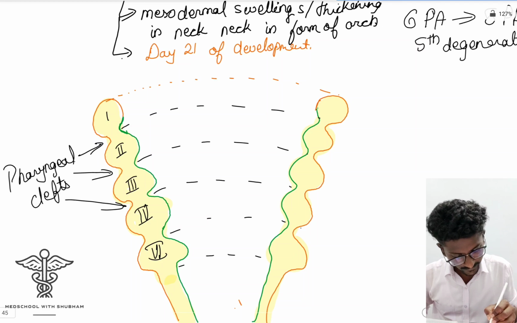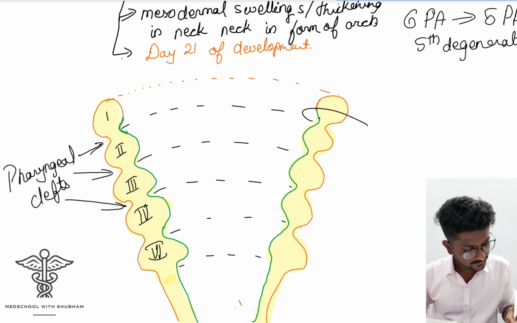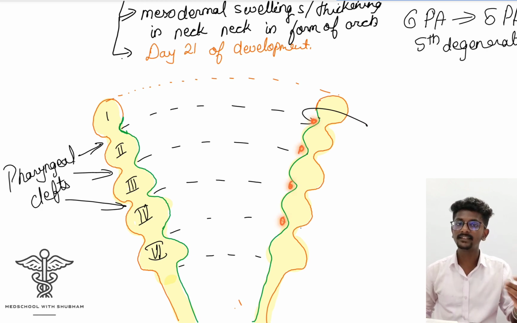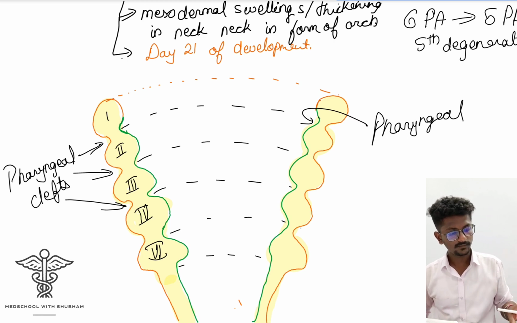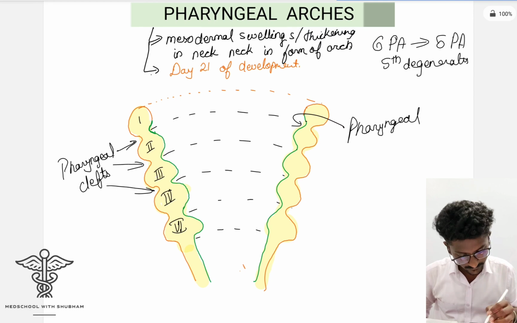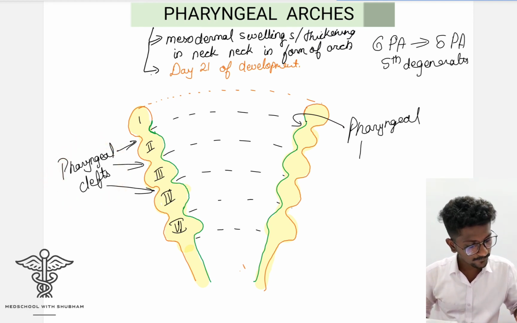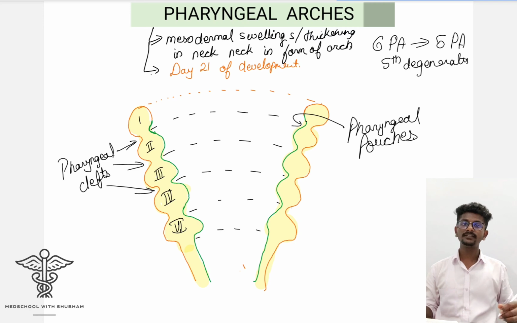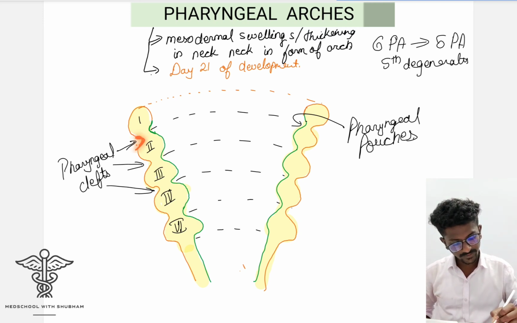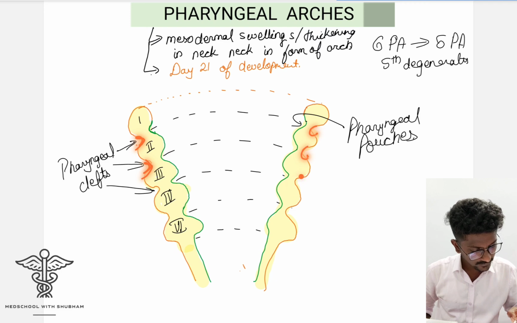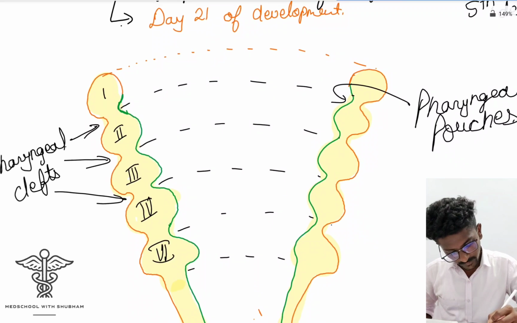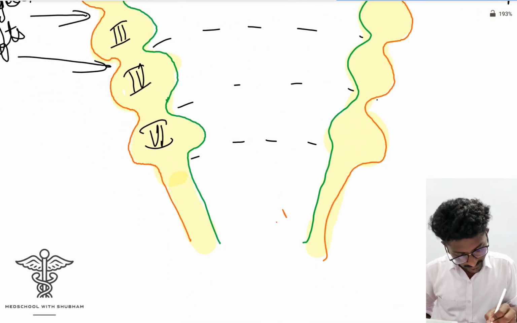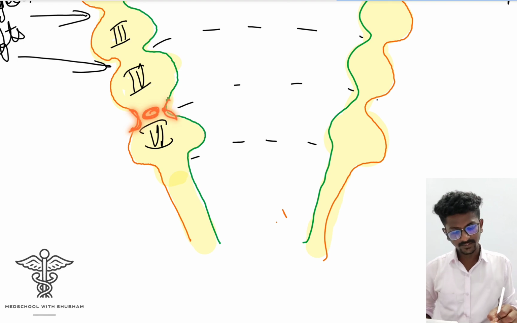And on the inner side over here, these were pharyngeal clefts, so these are pharyngeal pouches. The outer ones are called pharyngeal clefts. See, these are called pharyngeal cleft and these are called pharyngeal pouch. Okay. And in the middle you have the mesoderm.